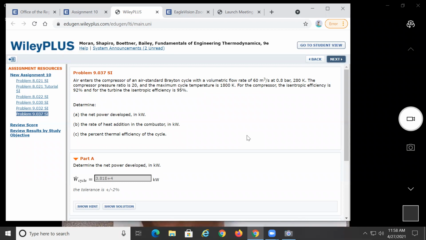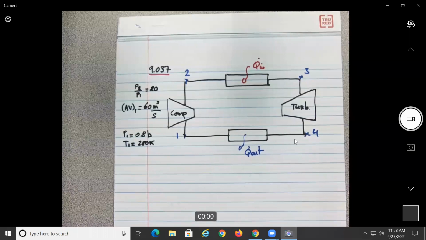So what does that mean? P2 over P1 is 20. So once you put inside here a pressure of, let's say, 1, you're going to get 20 at the exit, no?